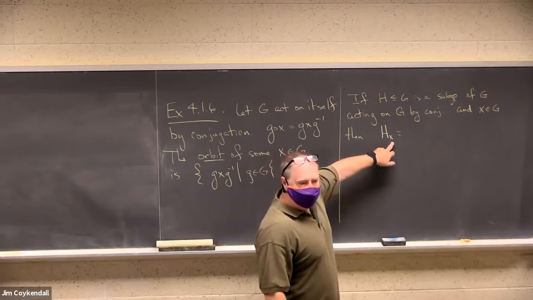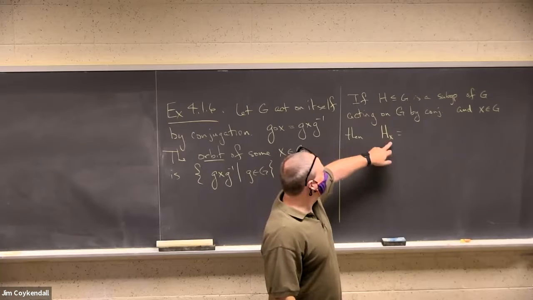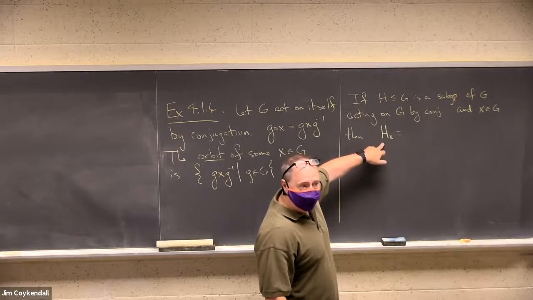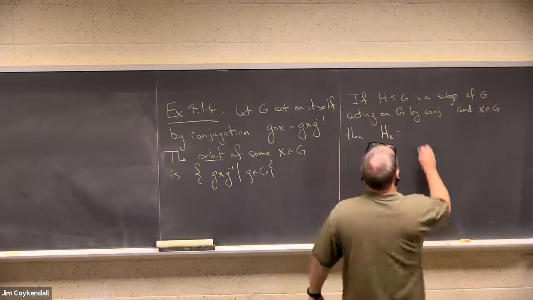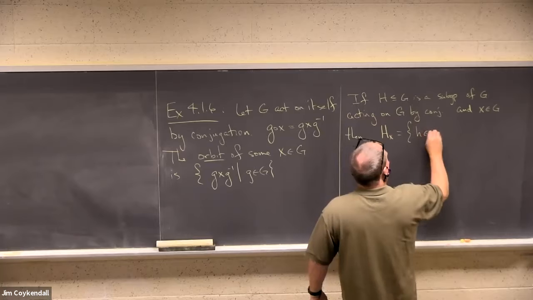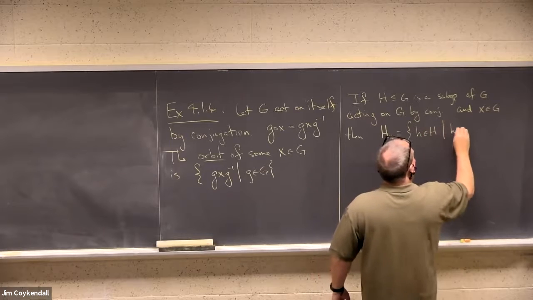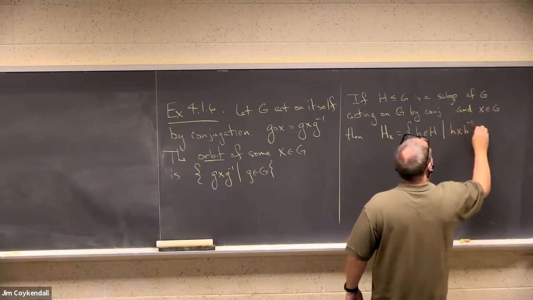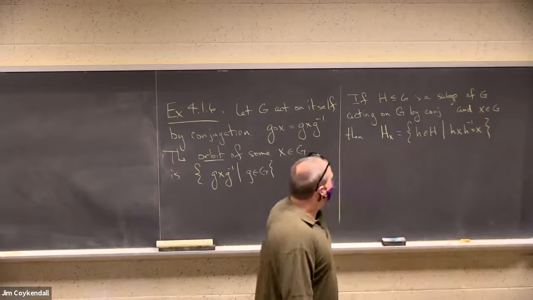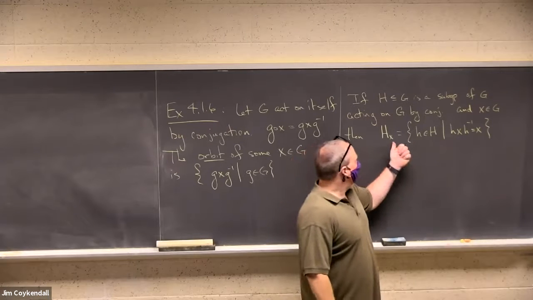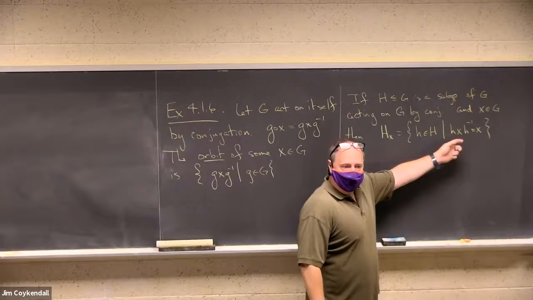This means the stabilizer of x in H. So this is everything in H that leaves x alone. This is all h in H such that hxh⁻¹ is equal to x. Right? This is just everything that stabilizes x under conjugation.